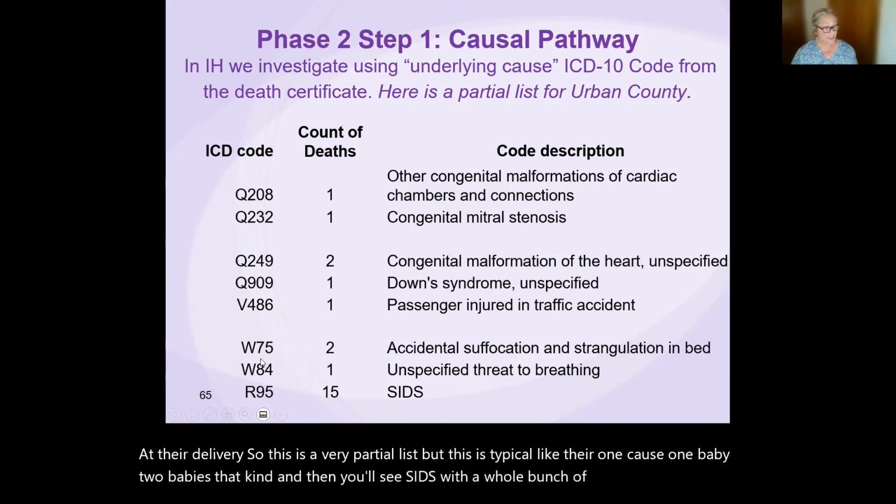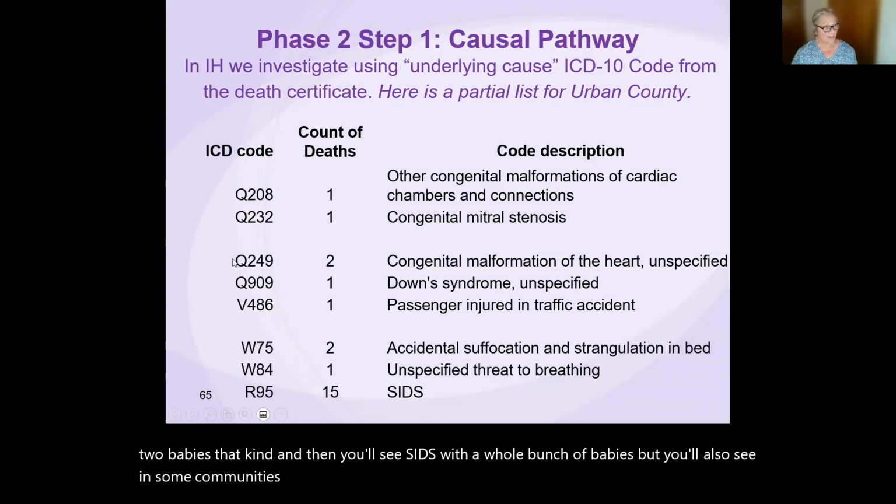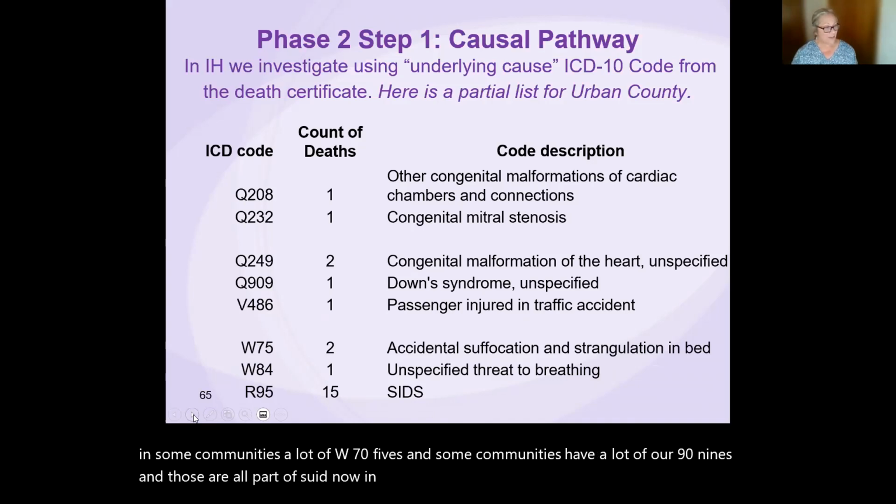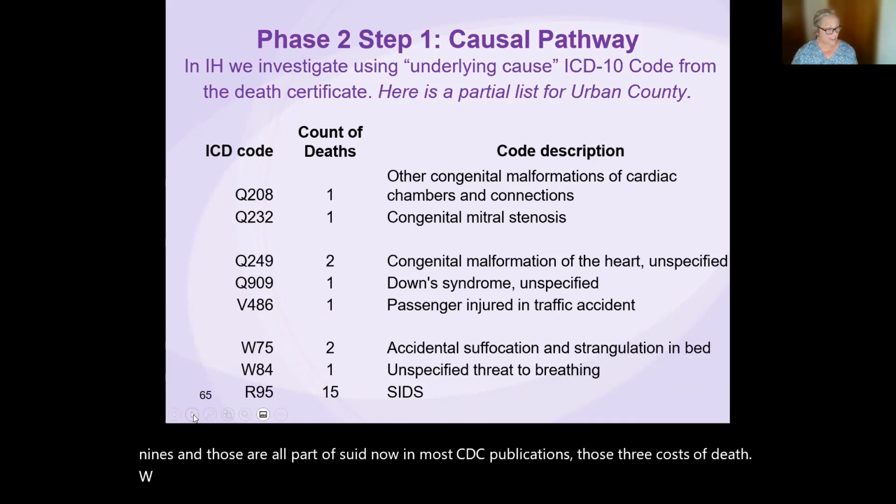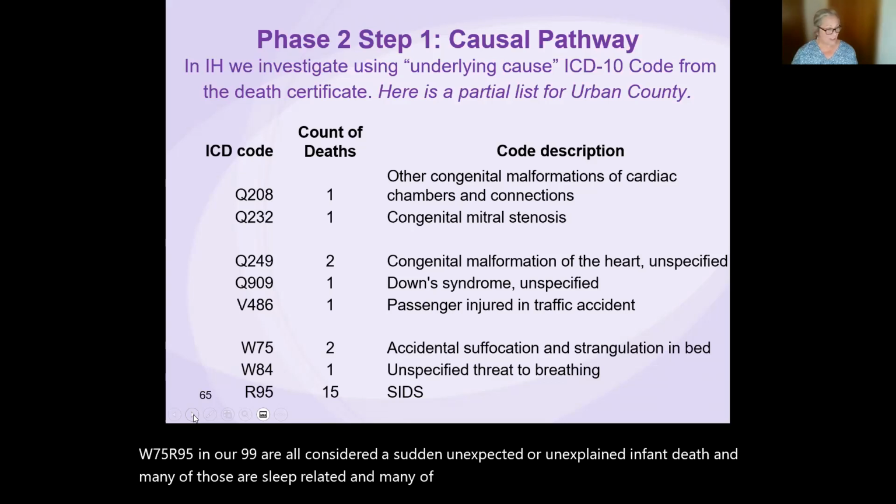But you'll also see in some communities a lot of W75s, and some communities have a lot of R99s, and those are all part of SUID now. In most CDC publications, those 3 causes of death, W75, R95, and R99, are all considered sudden, unexpected, or unexplained infant death. And many of those are sleep related, and many of the prevention strategies are the same for those. So we group them.